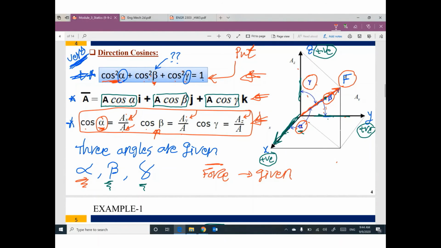Second thing, if you would like to get the components of this force, the force times cosine alpha, the force times cosine beta, the force times cosine gamma, so I can figure out the three components. If the x component, y component, and z component are given, and the force is given, I can figure out your alpha and beta and gamma.